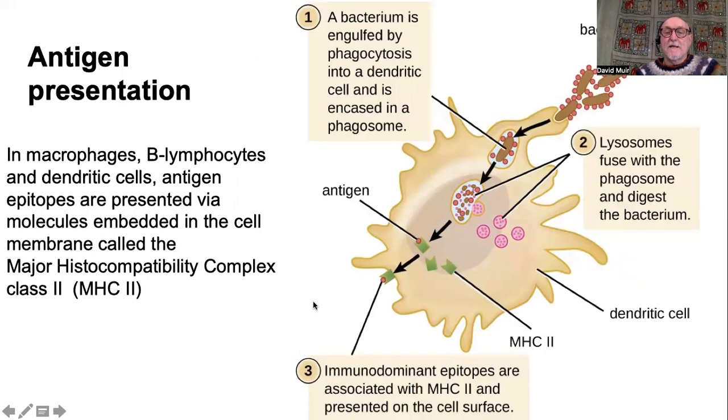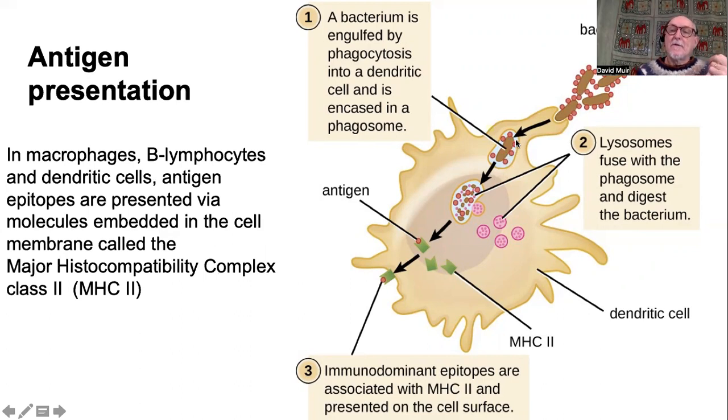Okay, so this is an antigen-presenting cell, and the basic start to the whole process is exactly the same as it would be for any phagocytosis of material from the outside. So we've already seen they form a vacuole containing whatever it is they have ingested. In this case, it's a bacterium that they have ingested.